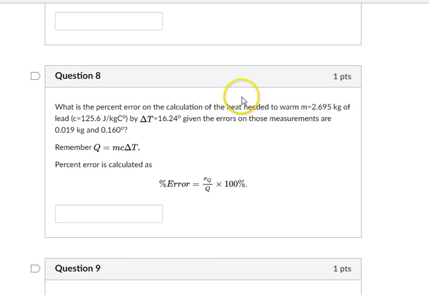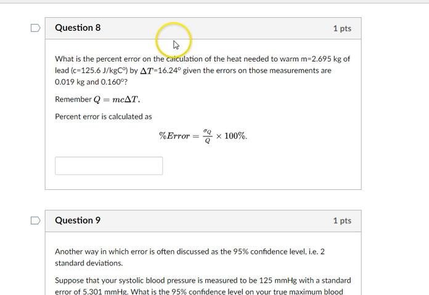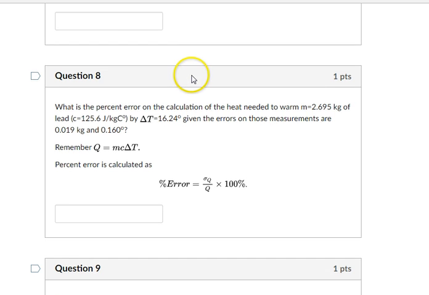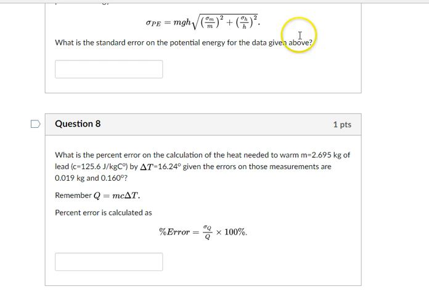We're going to look at a different equation and go a step further. Q equals m c delta t. Again, we have one variable m, we have c a constant, and we have delta t, the other variable. We have the errors on mass and temperature, and so we're using the same form of the equation here.